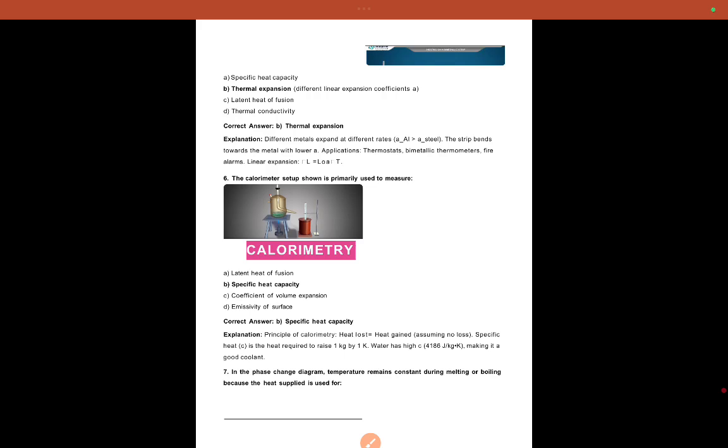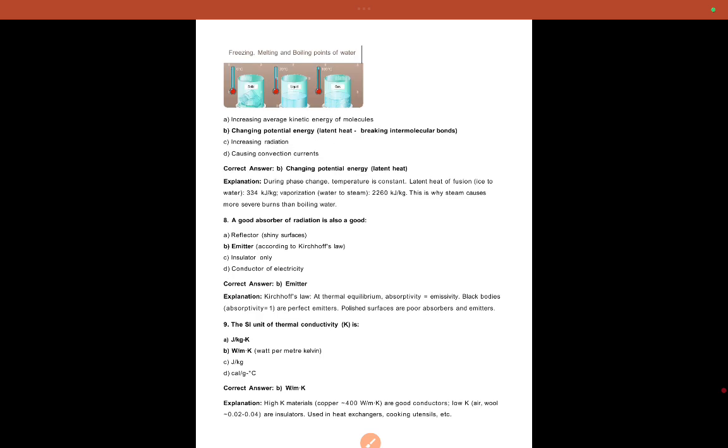The heat we supplied is changing potential energy, and that is latent heat, and it is used to break molecular bonds during the phase change. During the phase change, temperature is constant. You have to remember this concept.